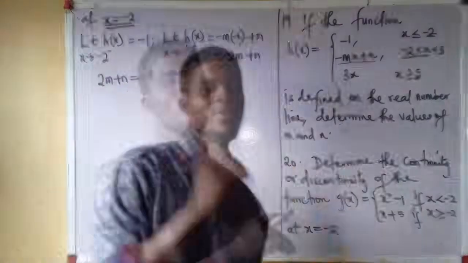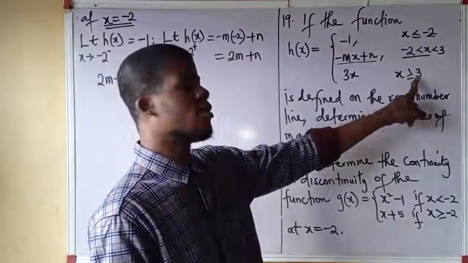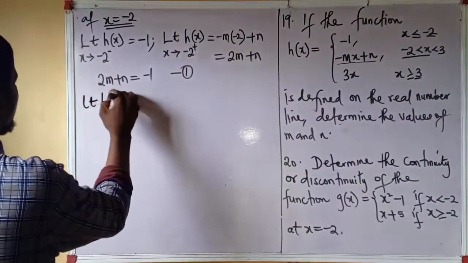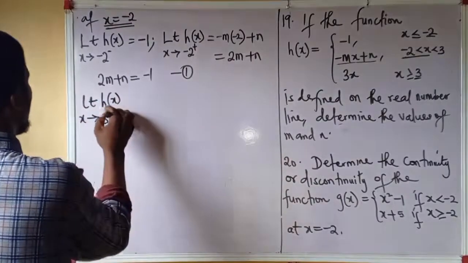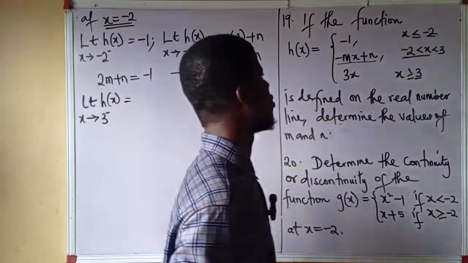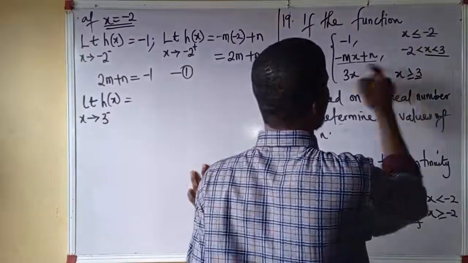Let's check the continuity of the function at x equal to 3. What is the limit now of h of x as x approaches 3 from the left? From the left, we are going to make use of x less than 3, and I can see x less than 3 here. So I'll be using this.